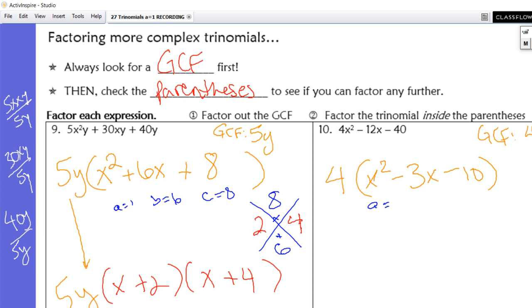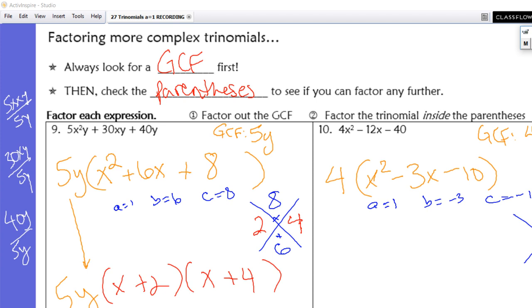Alright, now I'm noticing inside the parentheses we have a trinomial. We've got an a value of 1, a b value of negative 3, and a c value of negative 10. So I'm going to be thinking through our process. We want to multiply to AC and add to b.